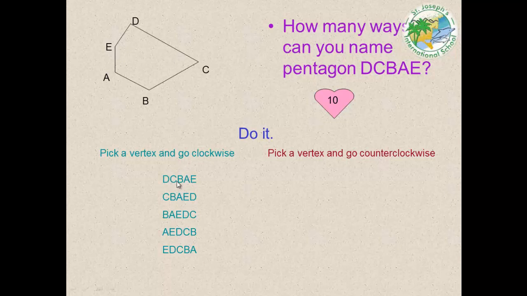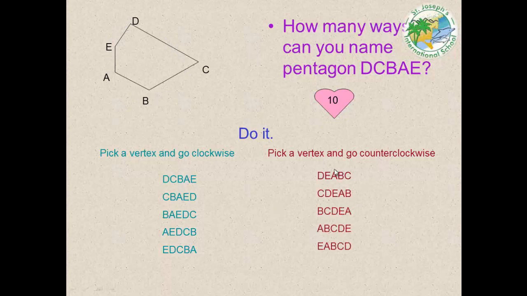D, C, B, A, E. Start D, C, B, A, E. C, B, A, E, D. B, A, E, D, C, or A, E, D, C, B, or E, D, C, B, A.